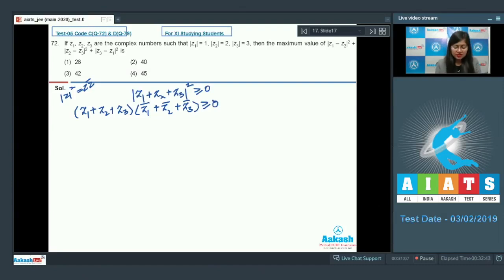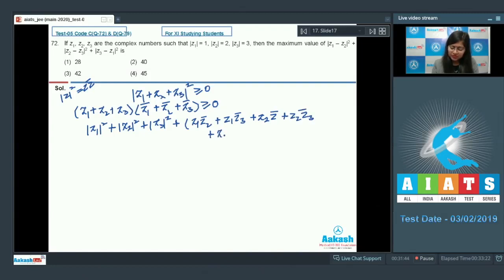So this can be written as z1 into z1 bar, writing it again as mod z1 square plus mod z2 square plus mod z3 square plus z1 z2 bar plus z1 z3 bar plus z2 z1 bar plus z2 z3 bar plus z3 z1 bar plus z3 into z2 bar is greater than or equal to 0, right? So this is what we get from here.